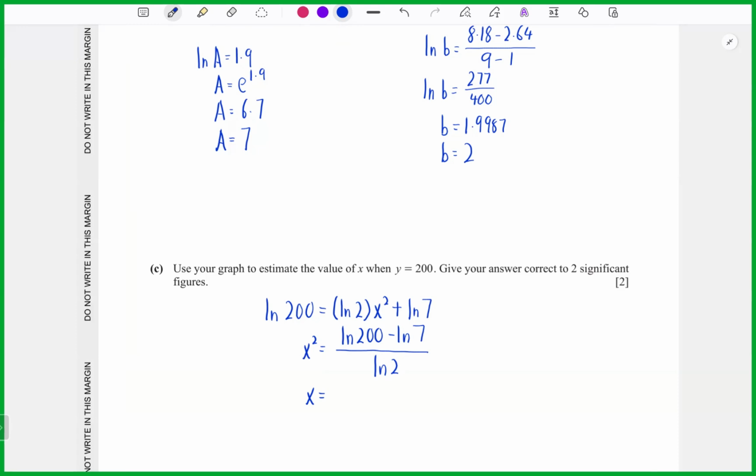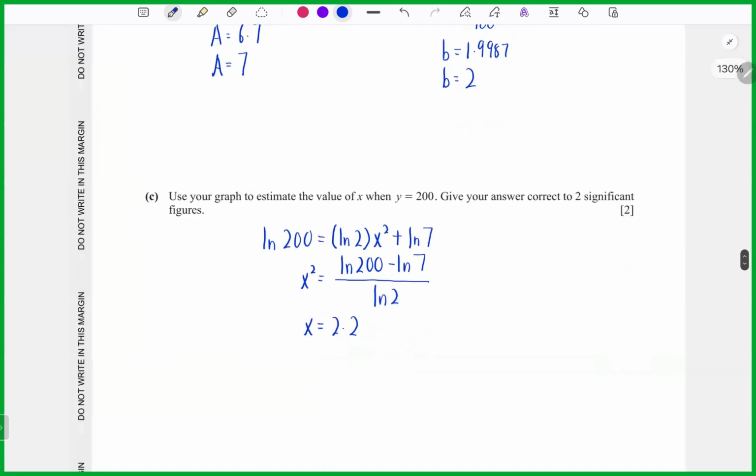So x will equal the square root of that, which is 2.2 here. Okay, so this is my final answer. Why no negative?